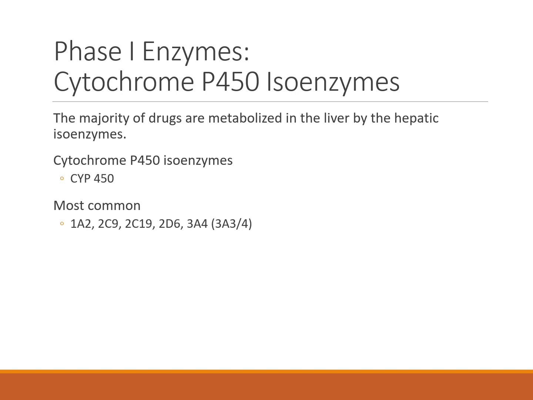The most common ones are 1A2, 2C9, 2C19, 2D6, 3A4, and you can see them here. It would be expressed as CYP 1A2, CYP 2C9. That is how it is expressed.